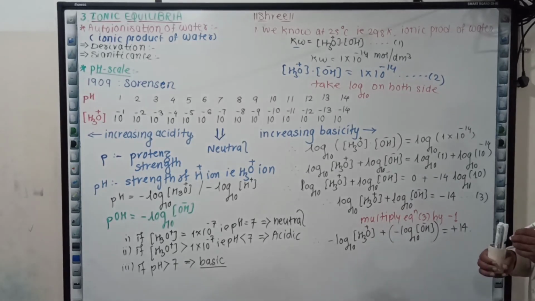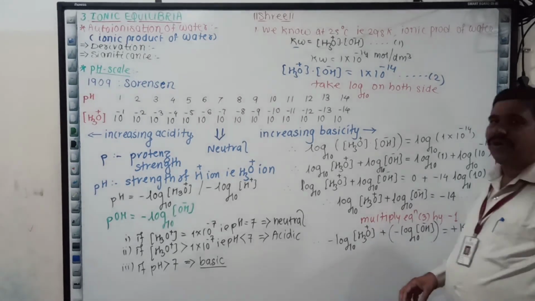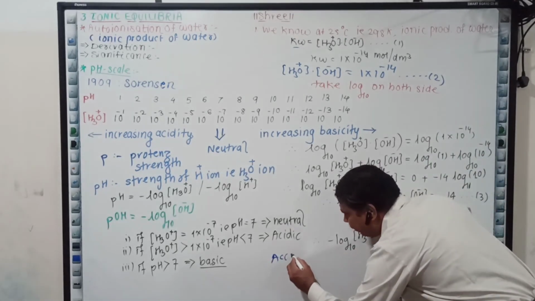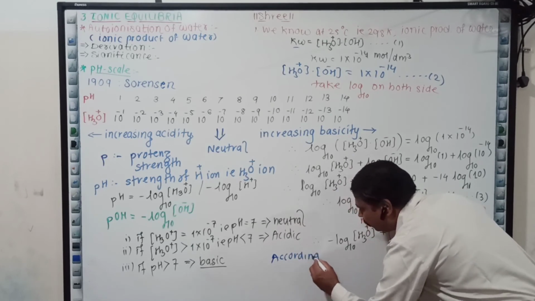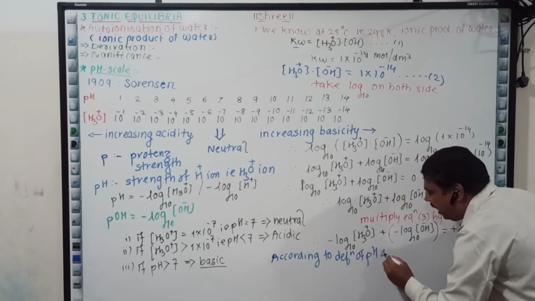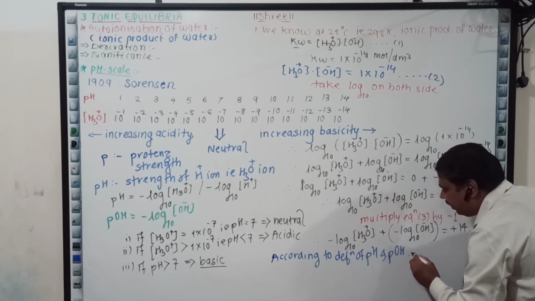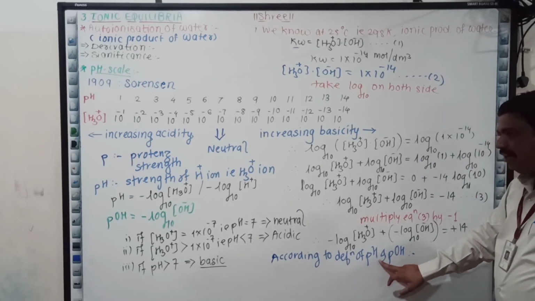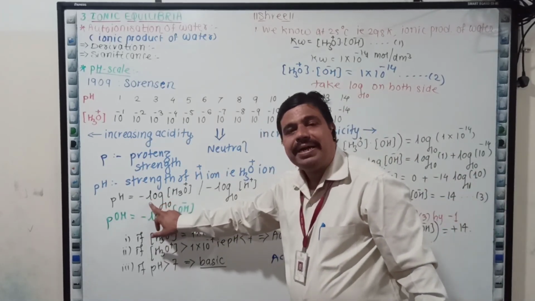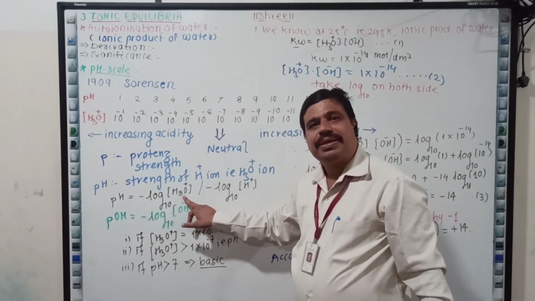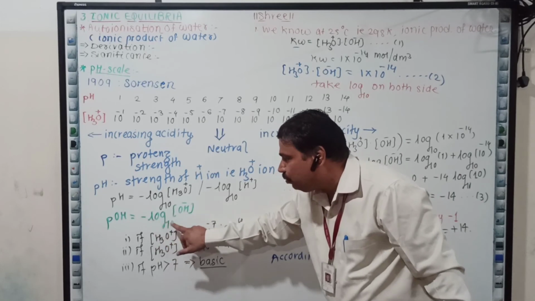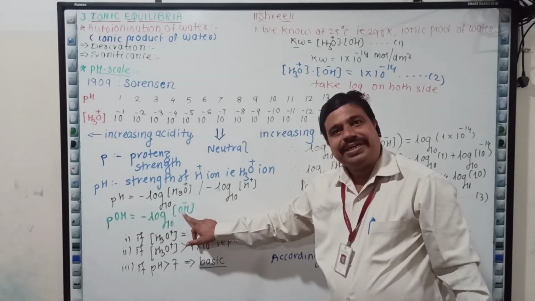Okay, now according to definition of pH and pOH, विद्यार्थी मित्रांनो just we discussed, pH is equal to minus log to base 10 H3O plus, okay, and pOH is equal to minus log to base 10 OH minus ion concentration. बरोबर आहे?